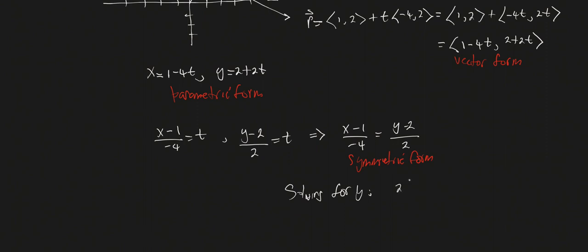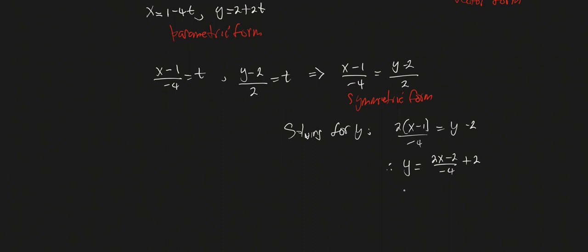That gives me 2 times the quantity (x minus 1) over -4 equals y minus 2. Then add 2 to both sides. So y is equal to, let me distribute the 2, (2x minus 2) over -4 plus 2. And then I can simplify this. So y equals -1/2 x plus 1/2 plus 2.